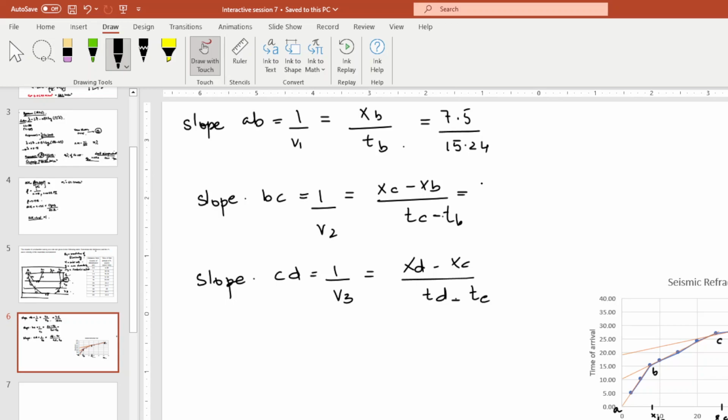So 25 minus 7.5 over 27.1 minus 15.24, and this is equivalent to 50 minus 25 over 33.9 minus 27.1.